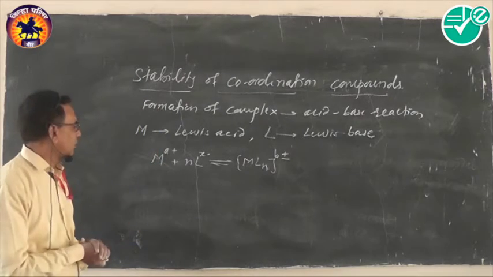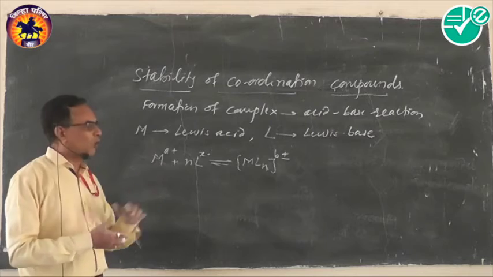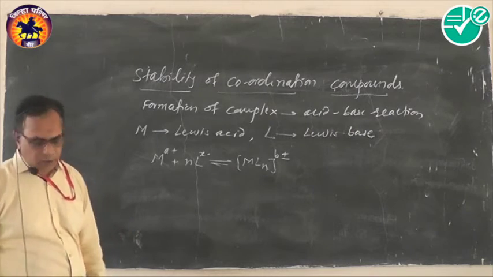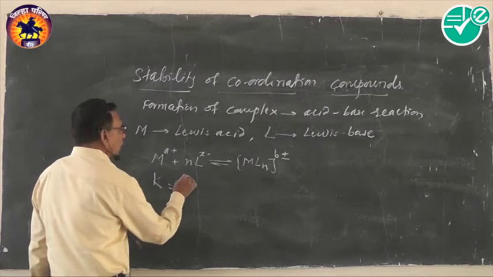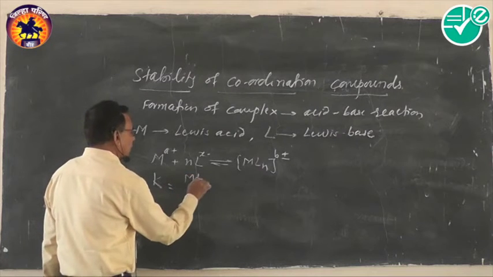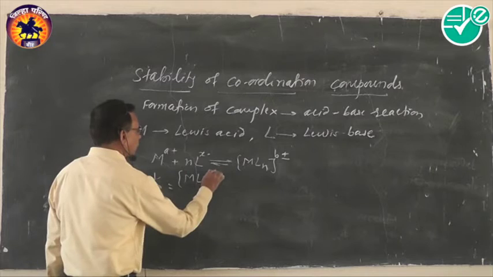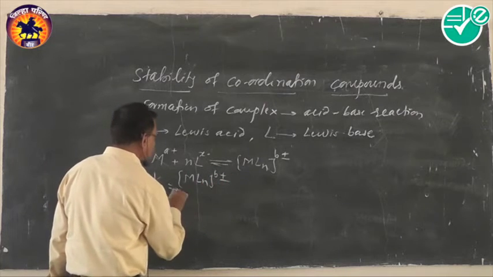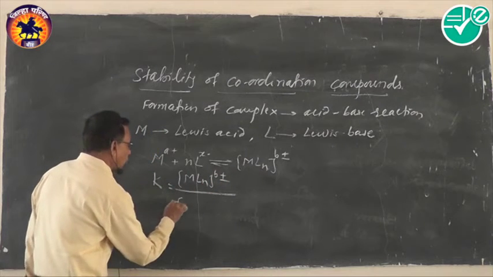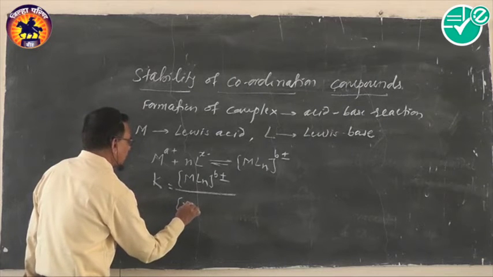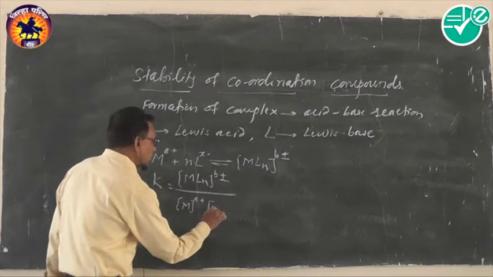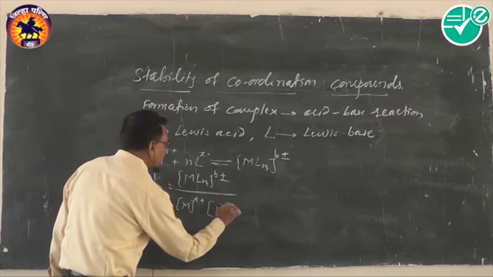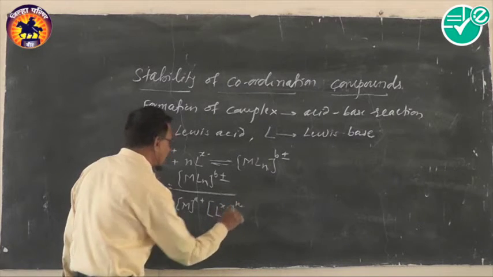From this, the equilibrium constant can be written for this equation as K equals the active mass of ML_n^b+/- divided by the active mass of M^a+ into the active mass of L^x- raised to n.